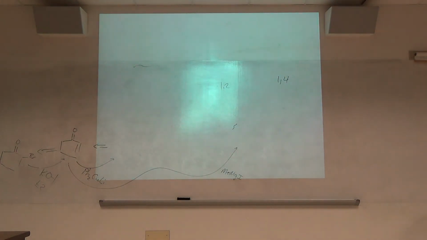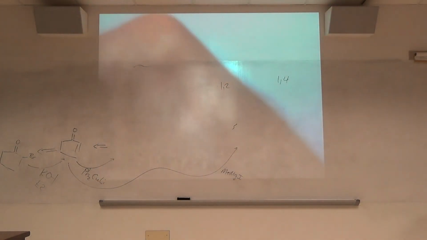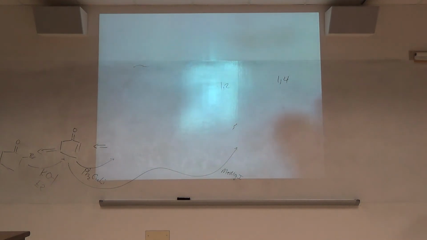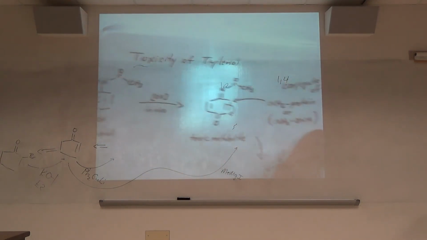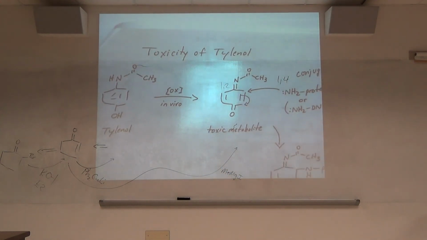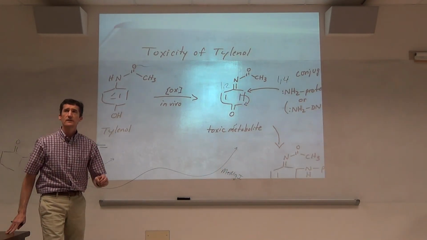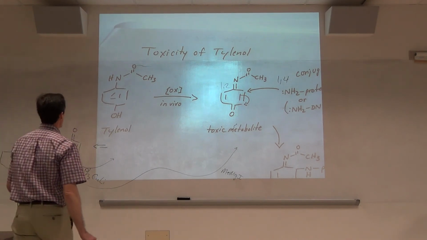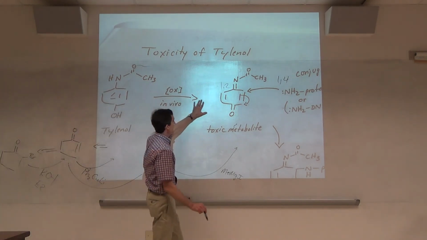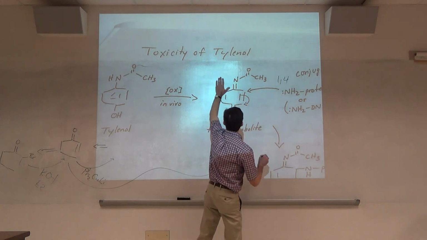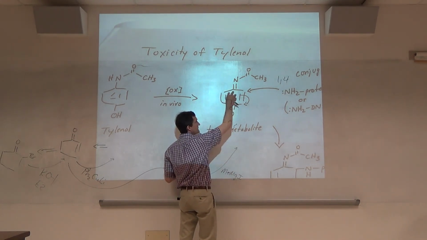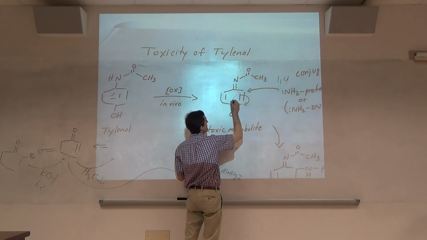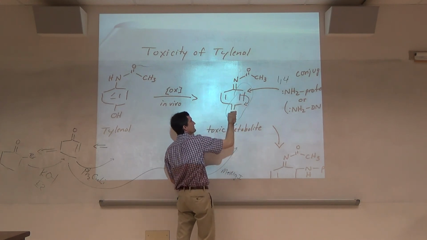The last thing we'll show on the white handout. Tylenol is toxic. Toxicity of about 100 milligrams per kilogram. Why? Your body oxidizes Tylenol to this species here. But then what do we have right here?